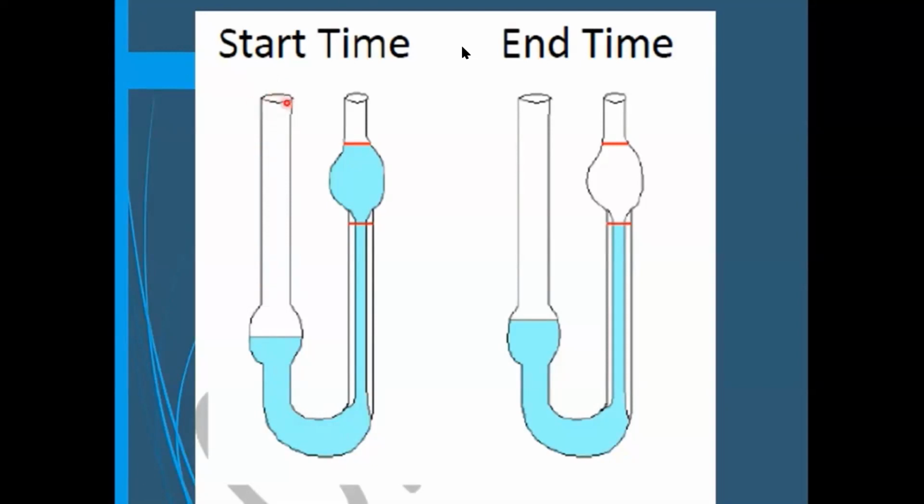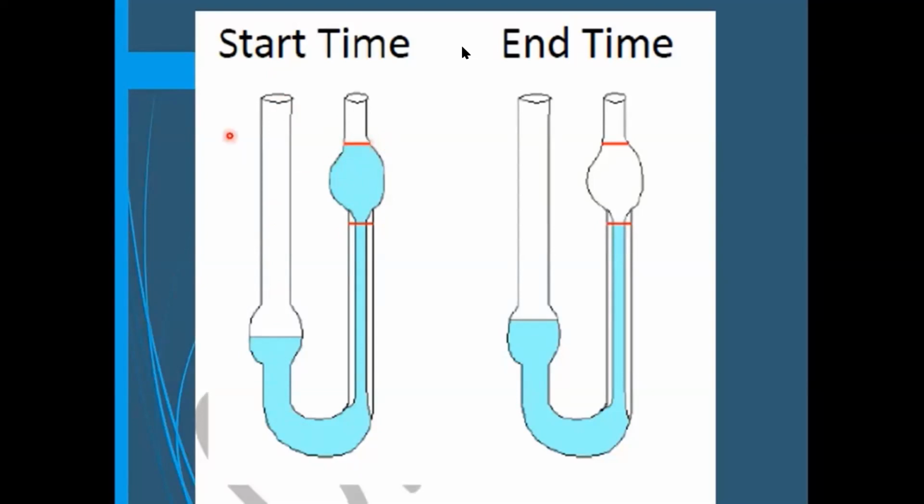Using the same process with the air pump, push the air and the polyvinyl alcohol solution will move up through the capillary tube and fill all the bulb, and we can calculate the flow time of the polyvinyl alcohol solution from point A to point B. This is t, the flow time of solution.